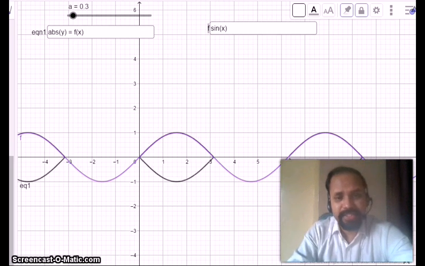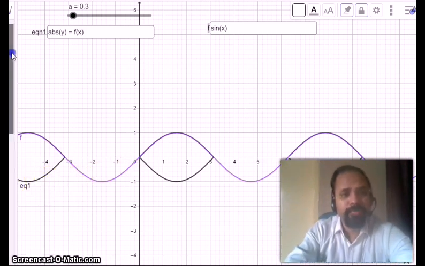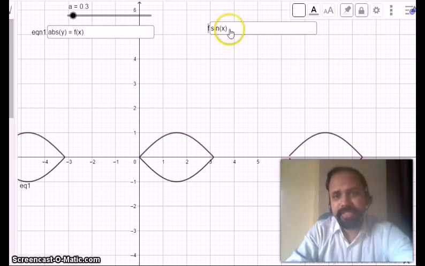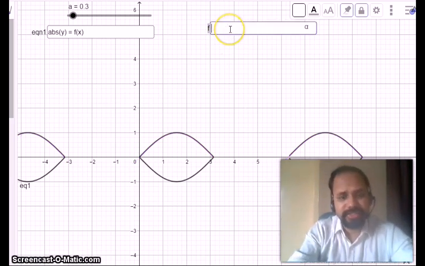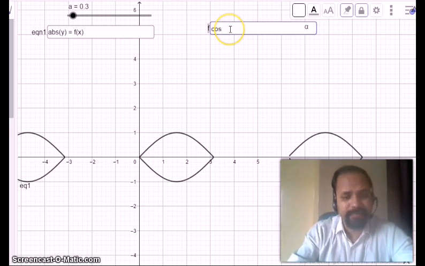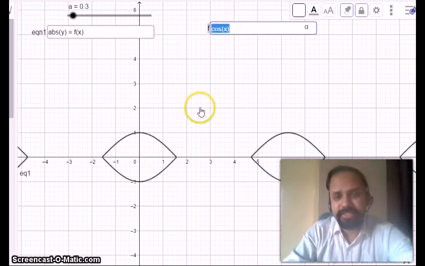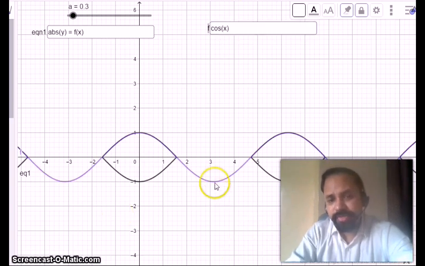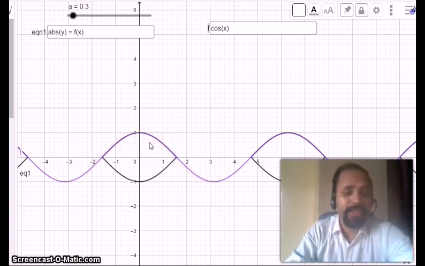That means the part that is below the x-axis, simply omit this one. Similarly, if you want to draw the graph of cos x, you can simply change the graph and see the magic. This is cos x. We omit the graph that is below the x-axis, and then take the image of the graph that is above the x-axis, considering the x-axis as the plane mirror.